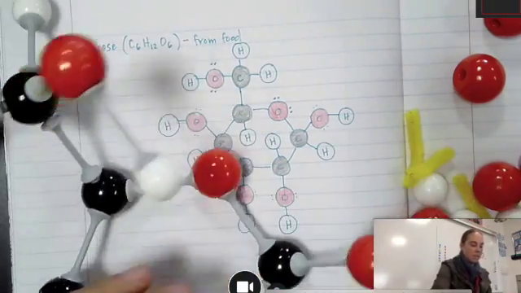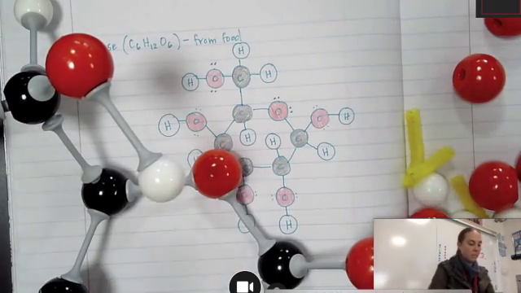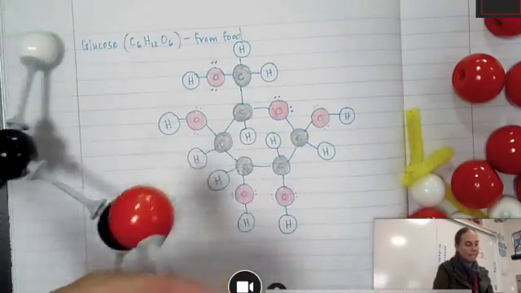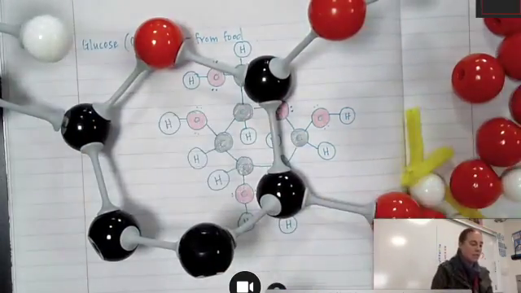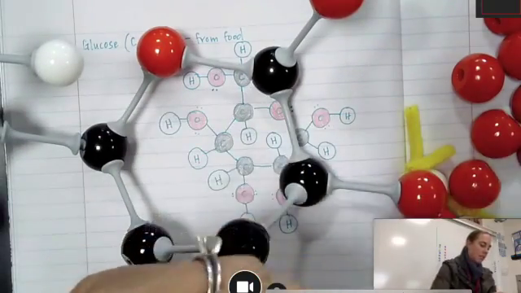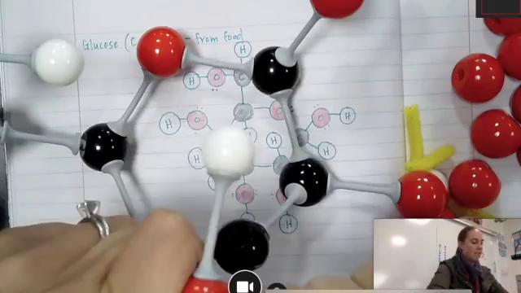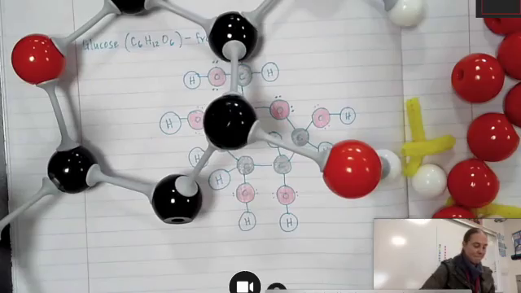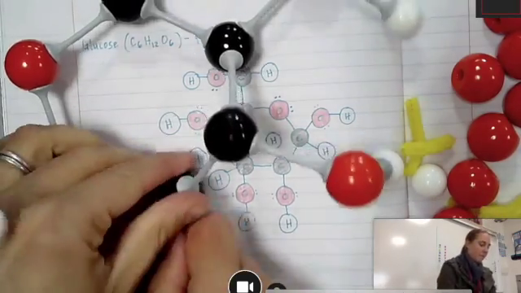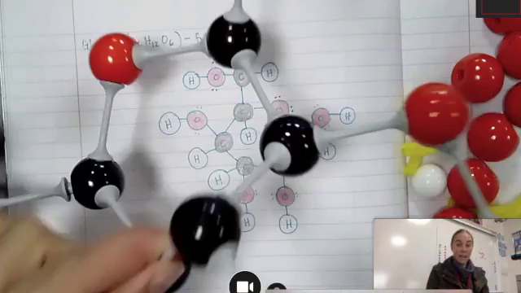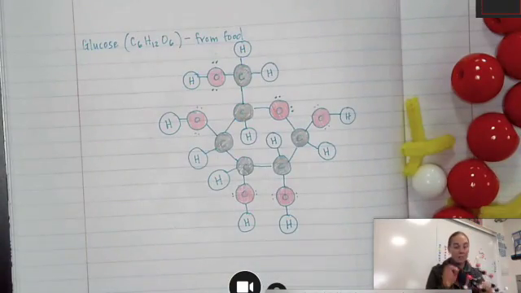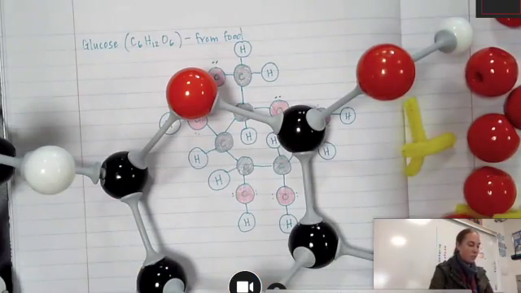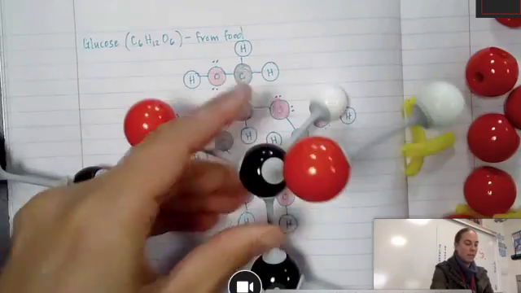So each one of these is going to get an OH. And then one more. All right, so now I have all of my OHs, and it's just time to add the rest of the hydrogens. So everywhere that there's an opening on a carbon, we're going to add a hydrogen.